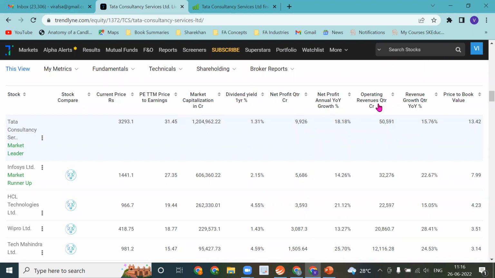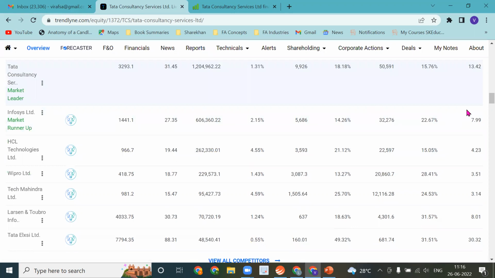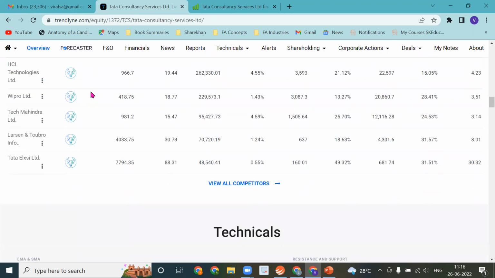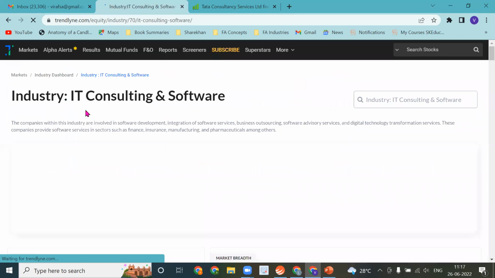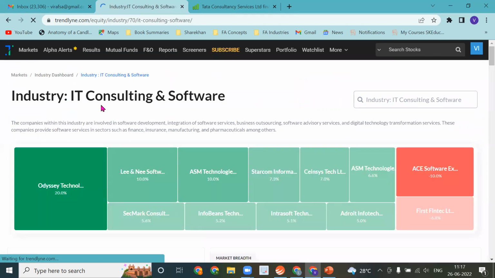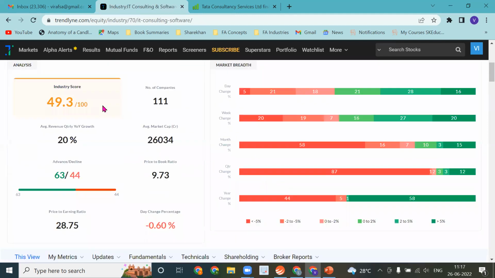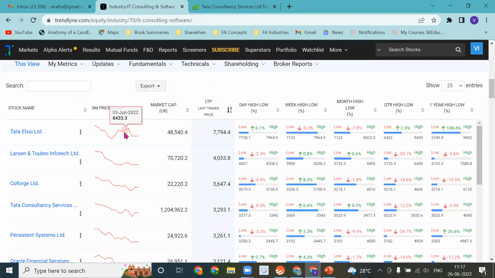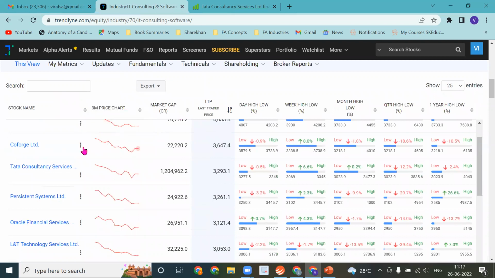Net profits, operating revenues, price to book value. See here, we are looking at a big set. All are going down.